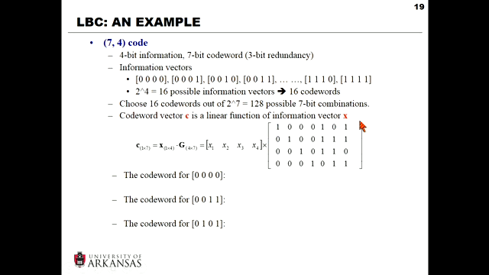In this particular case, k is 4 and n is 7. So we have a 1 by 4 information sequence times a 4 by 7 generation matrix, and what we get in the end is a 1 by 7 code word sequence. By using this simple multiplication, we map 4 bits of information into a 7-bit code word.